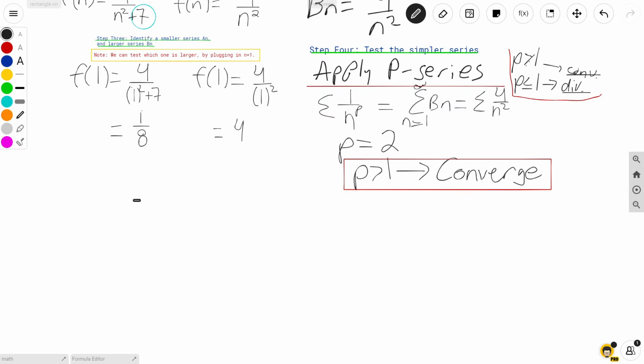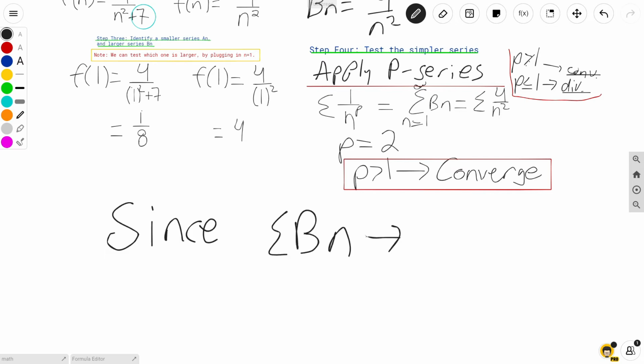So since the series b sub n converges, since the larger b sub n converges, the smaller a sub n also has to converge.